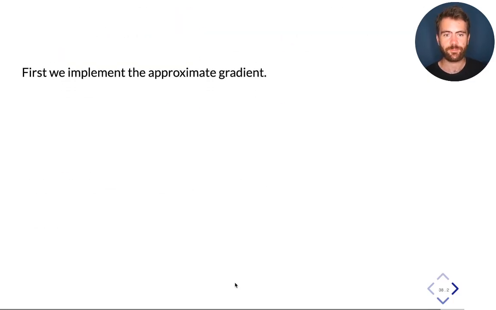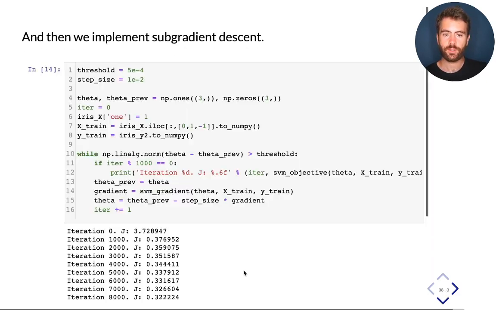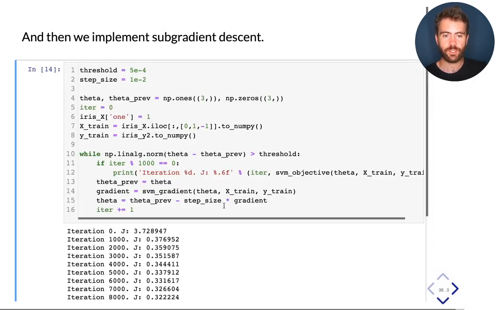Let's try to implement this. First, it's easy to implement the approximate gradient in NumPy. Here I'm just implementing the formula y times x that we had earlier. And to implement this algorithm, it is again really easy. This almost has the same shape as the pseudocode that I showed earlier.